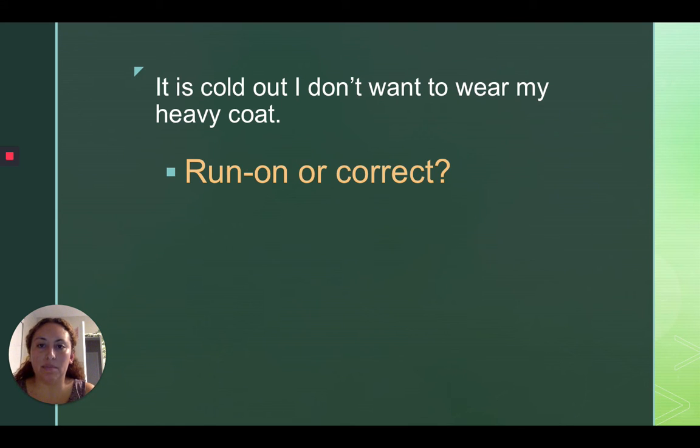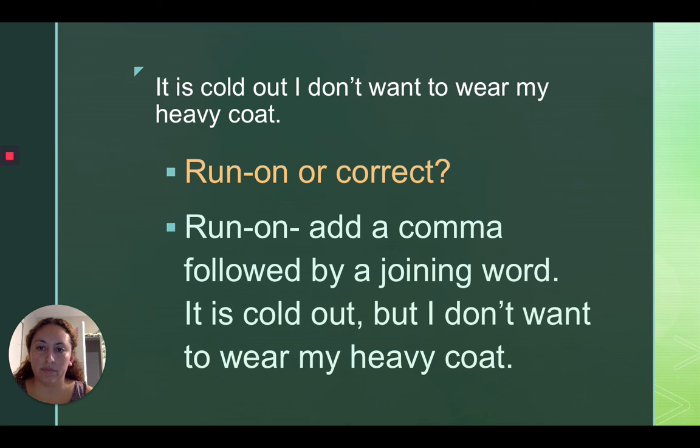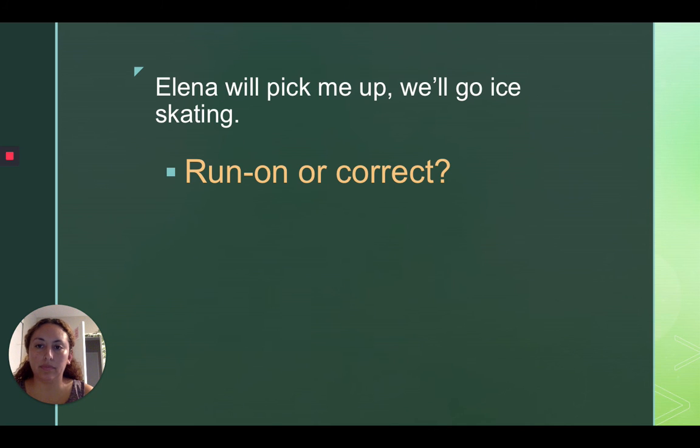Now let's do some practice. Is this a run-on or correct sentence? It is cold out. I don't want to wear my heavy coat. This is a run-on. It needs a comma followed by a joining word. It is cold out, comma, but I don't want to wear my heavy coat. Second example. Elena will pick me up. We'll go ice skating.